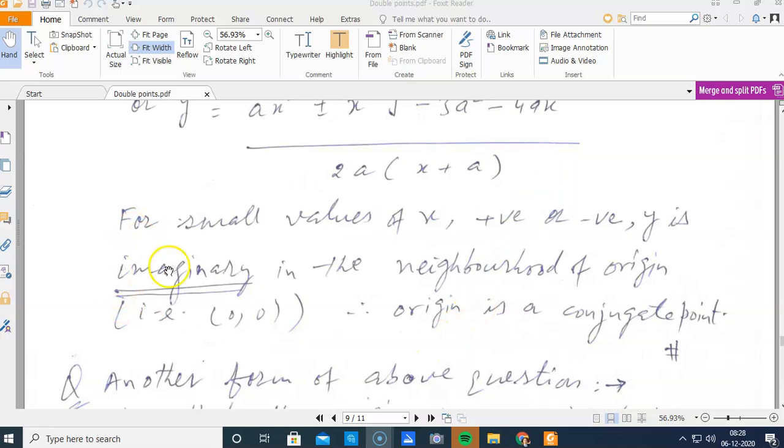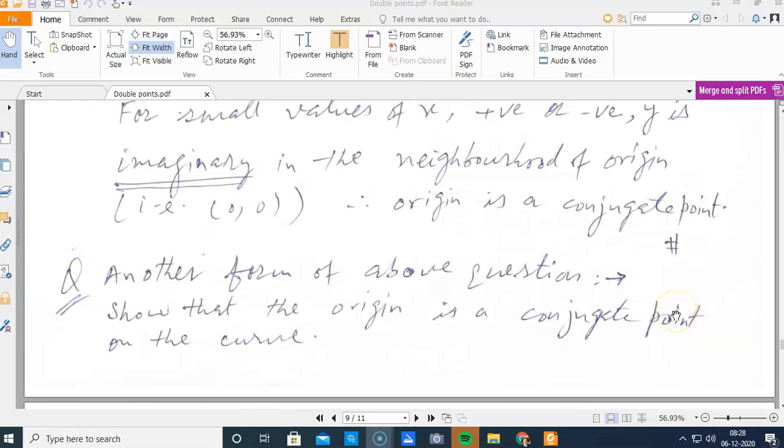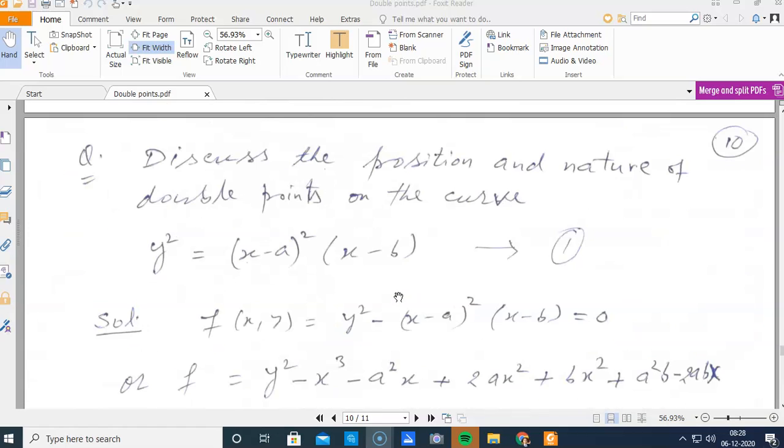Therefore y will be imaginary at the origin. Therefore the origin is a conjugate point. Another form of asking this question would be, show that the origin is a conjugate point on this curve. Same thing. Now coming to the next question.